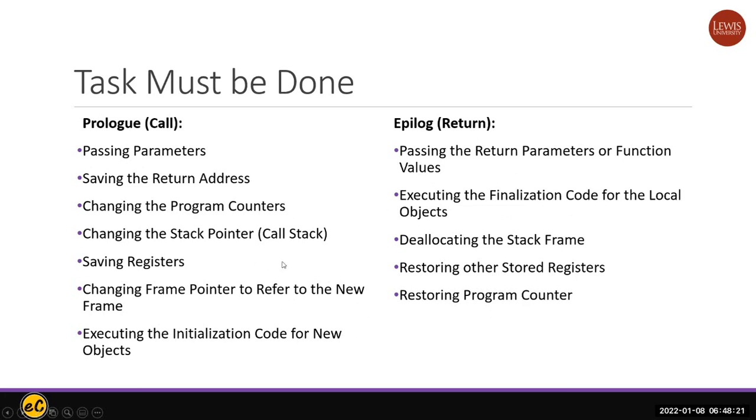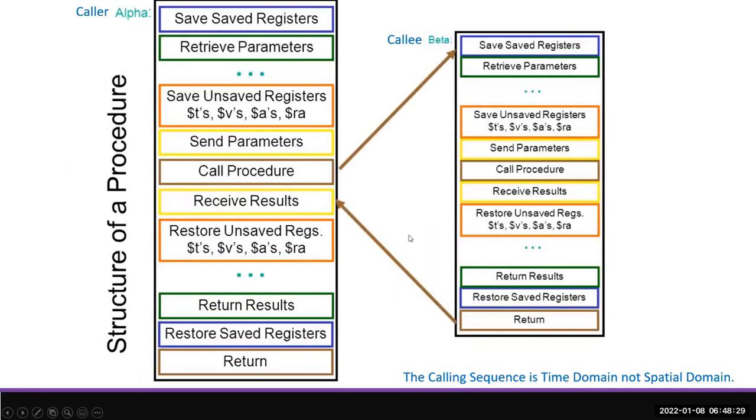Because of this, each function call may have overhead. So in the compiler, we do want to optimize it. This one is the detailed picture of the calling sequence. Here, remember, it is not the call stack, it is the execution time.